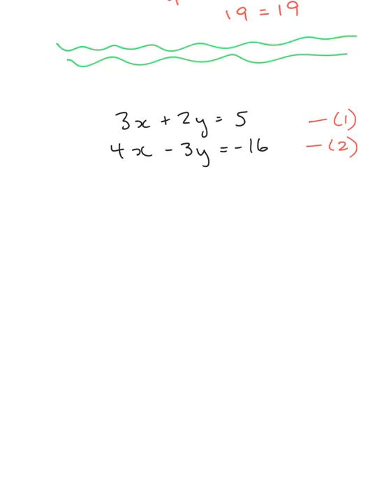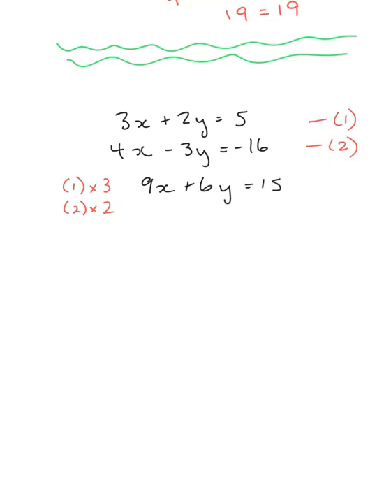I note that if I multiply equation 1 by 3 and equation 2 by 2, I will end up with a magnitude of 6 as the coefficient of y. Multiplying equation 1 by 3 gives 9x plus 6y equals 15.